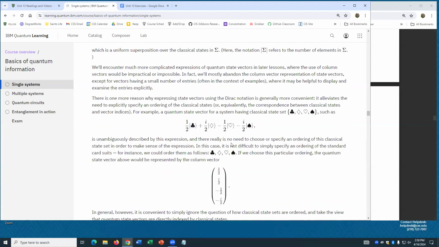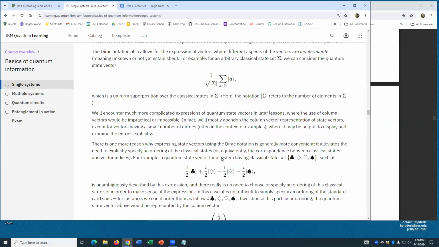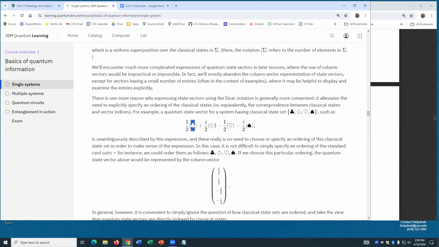Okay, and then we're working with bigger numbers. Here, they're talking about how you could look at diamond, the suits, and how you'd set those up, and you denote every suit with a different value here with this hexagon. So this gets complicated, and I got to this point and said, I don't think we're going to do this.